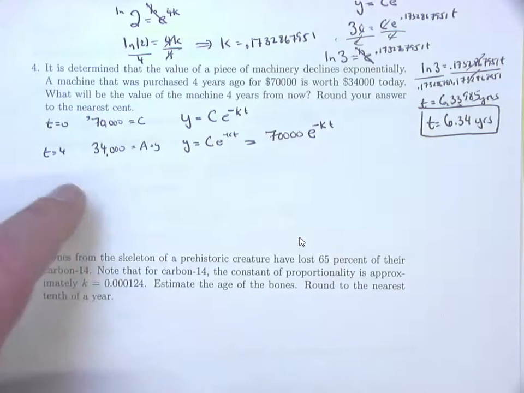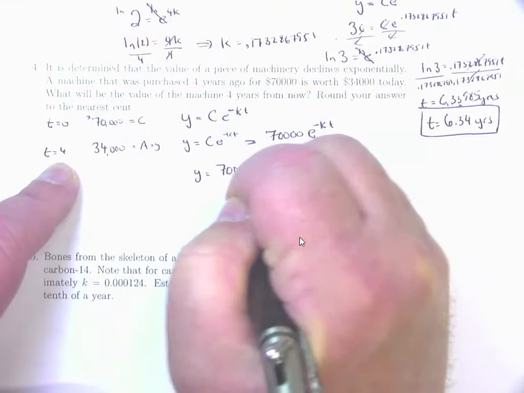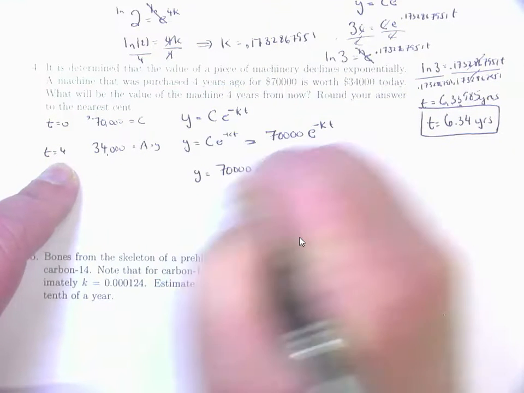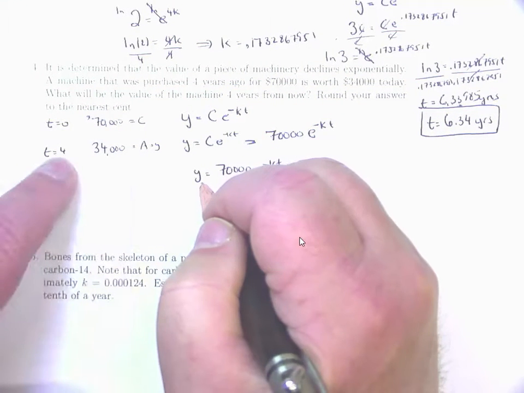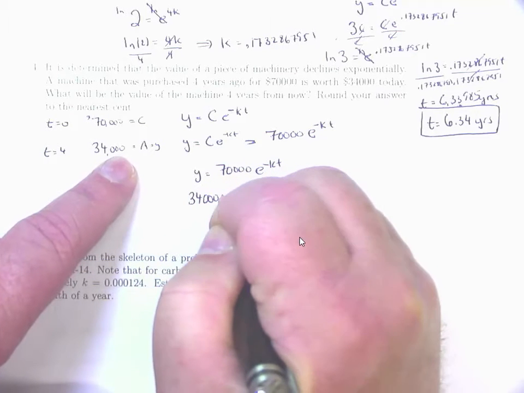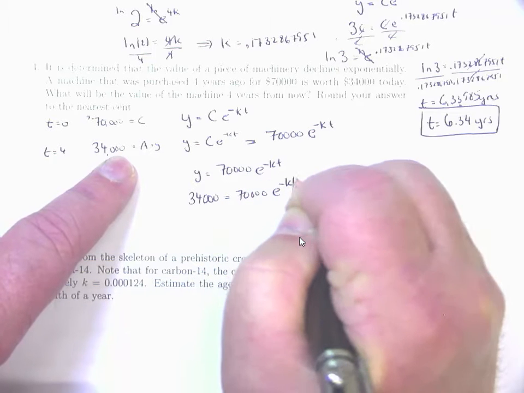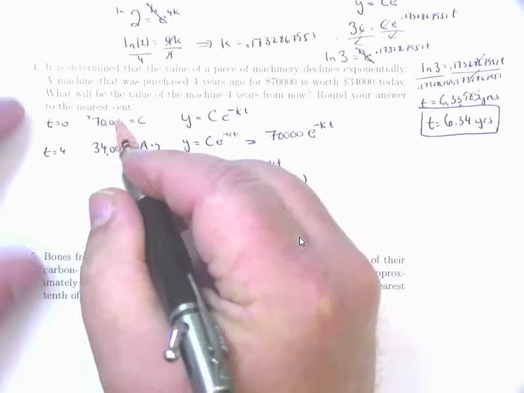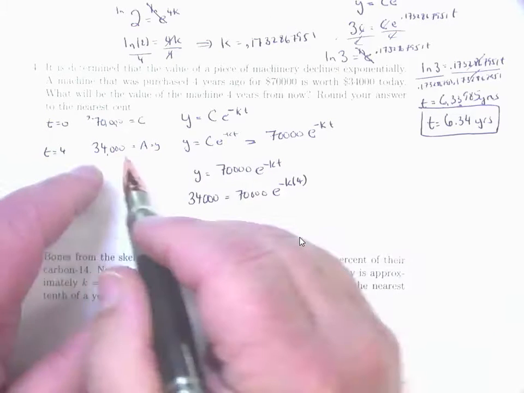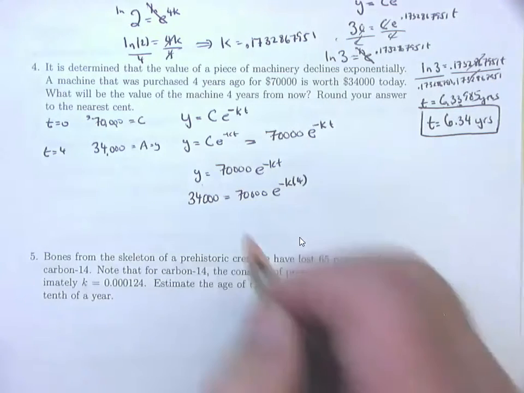So as y equals 70,000 e to the negative kt, I plug in y and the time of 4: 34,000 equals 70,000 e to the negative k times 4. The initial amount tells you the C. When you plug in the next value, the thing you need to solve for is the decay rate. Solve for k.